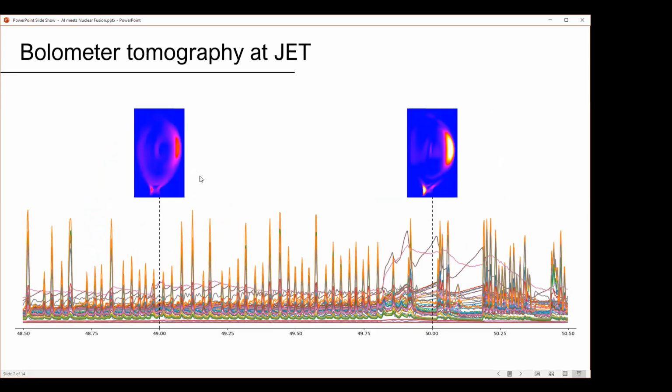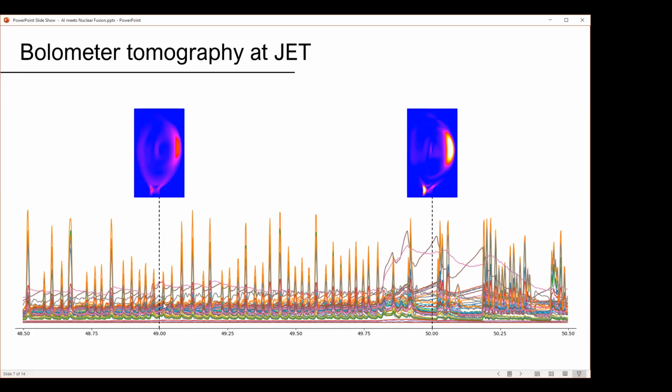So one of the tasks, of course, is to reconstruct what's happening inside the machine at each point in time. And this is already something that is quite challenging. You see here below the signals that are coming from those lines of sight. Okay, they're going along here horizontally across time.